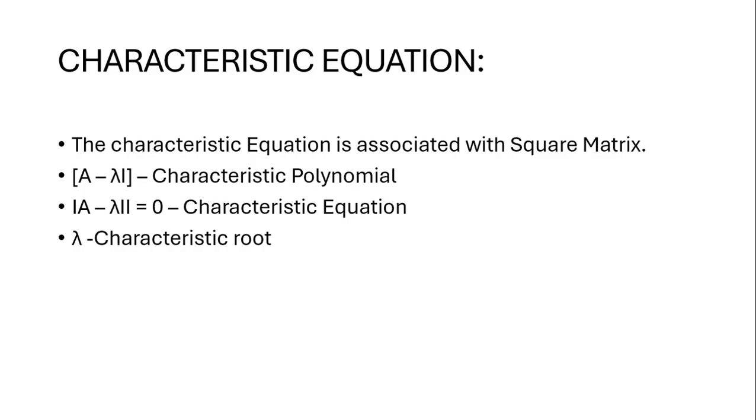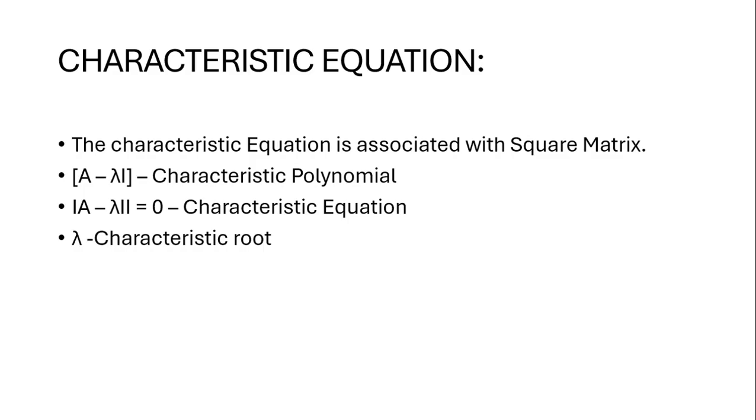In this video, I am going to talk about the characteristic equation of a matrix. The characteristic equation is associated with a square matrix. For example, we consider a square matrix A of n by n dimension.